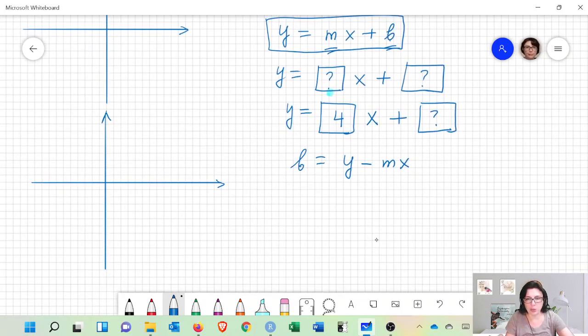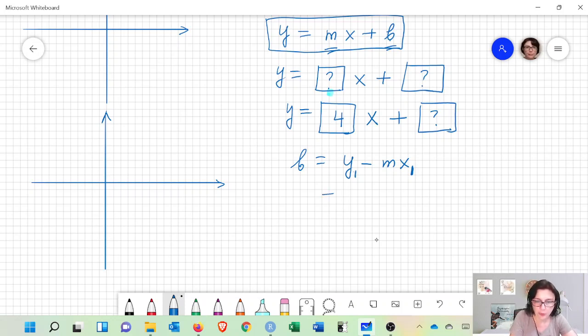The only thing is we do have to modify it a little bit. So instead of y, we put y1, a little 1 under, and then there is x1. This is called the subscript. So y1 is the y coordinate of the point that they gave you, and x1 is the x coordinate of the point that they gave you, and m is of course the slope.